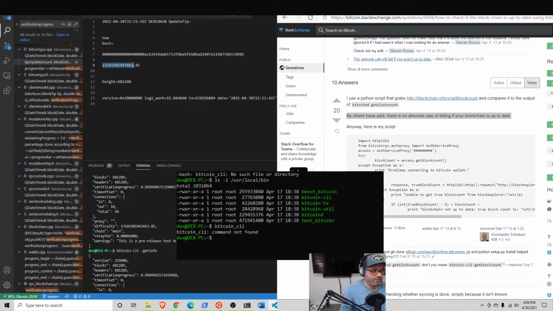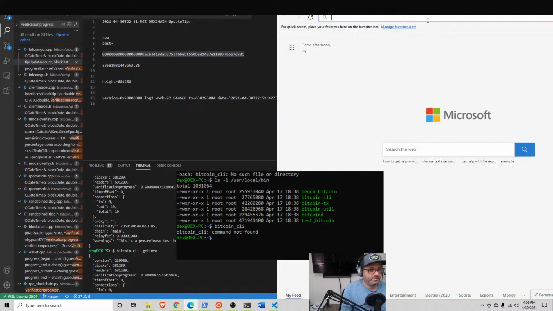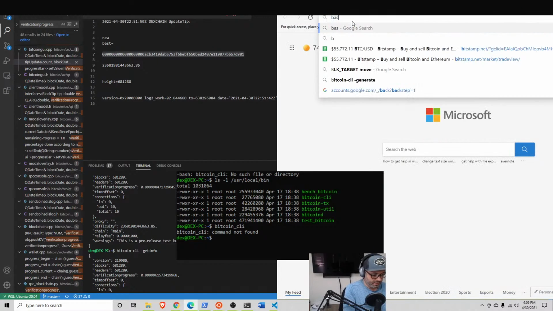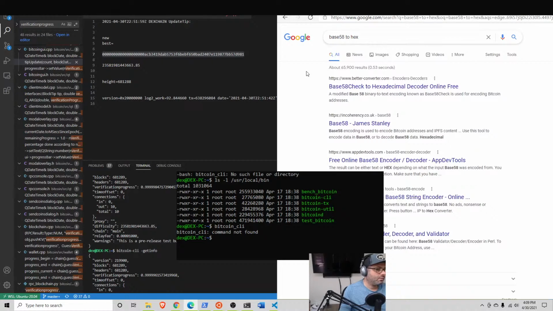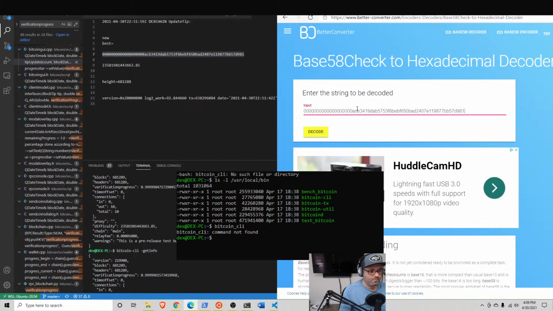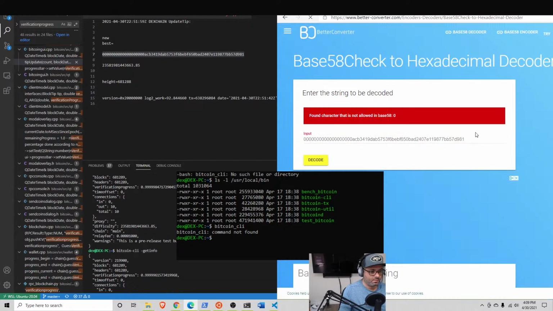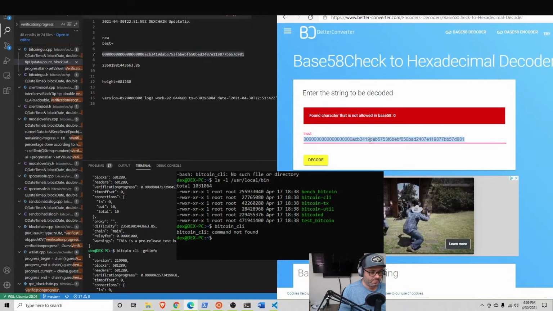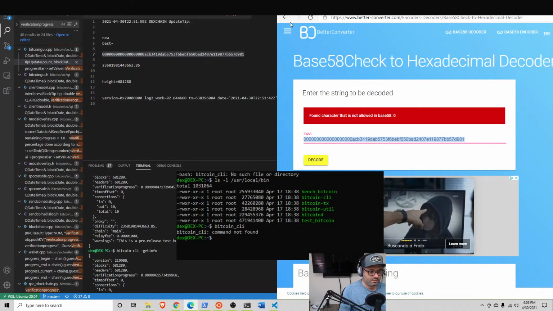But okay, so we want to know that this header matches this difficulty. So we take this header and we go from, let's say, where do we want to go from? Is this hexadecimal? No, it's base 58, right? So we go from base 58 to hex. So it's not base 58, it is, oh, it is hex.